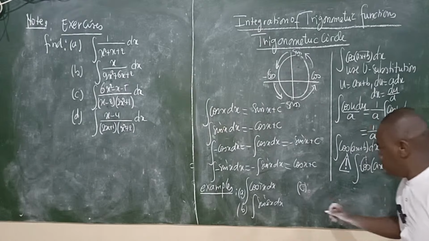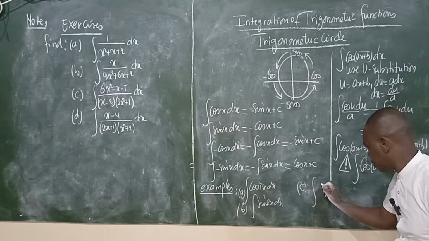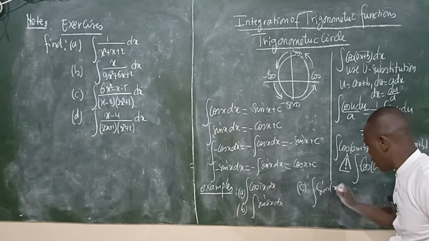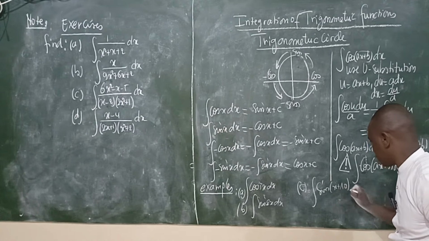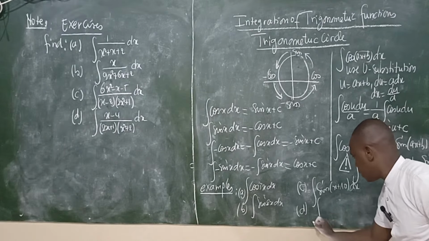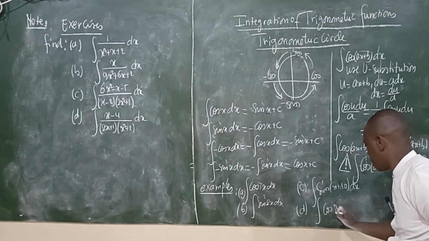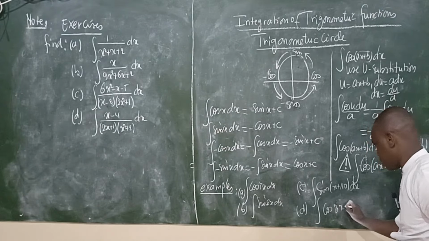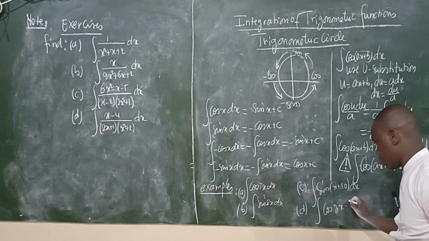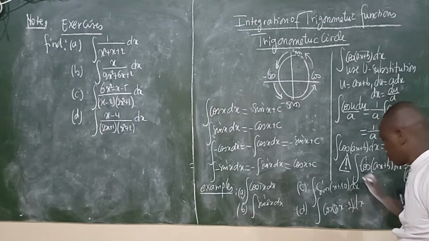C, the integral of sine x plus tan. D, the integral of cosine of 3x minus 2 dx.